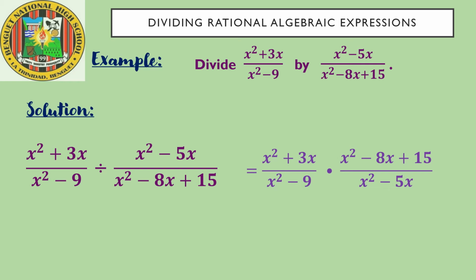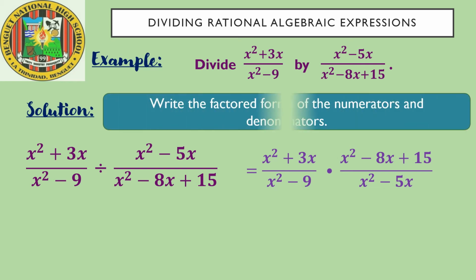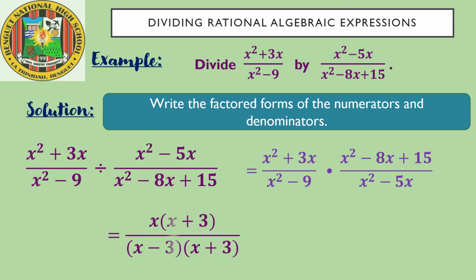Looking at the expressions we have, it's going to be difficult to multiply the numerators and denominators together, so we instead write the factored forms of the numerators and denominators. Observe that we use common monomial factoring to factor out x squared plus 3x and x squared minus 5x.